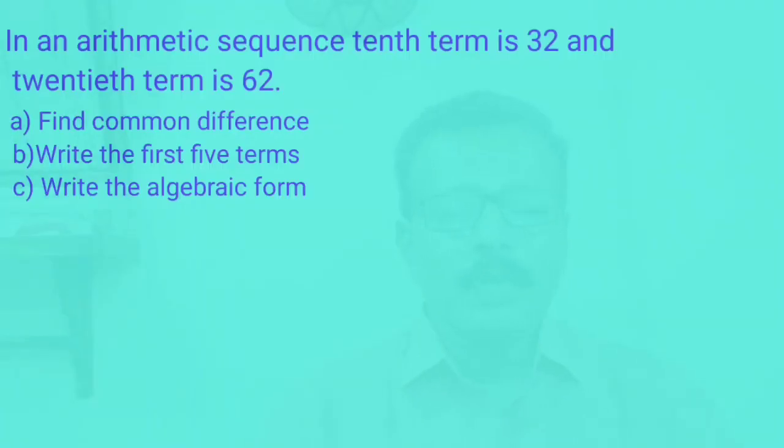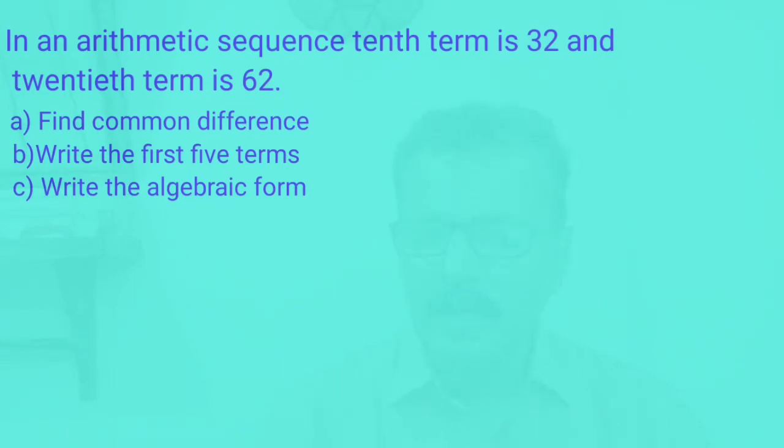Now let us check one question. In an arithmetic sequence, the 10th term is given as 32 and the 20th term is 62. There are 3 questions. First, find the common difference, write the first 5 terms, and write the algebraic form. So the first question, we know how to find the common difference, isn't it? Yes.